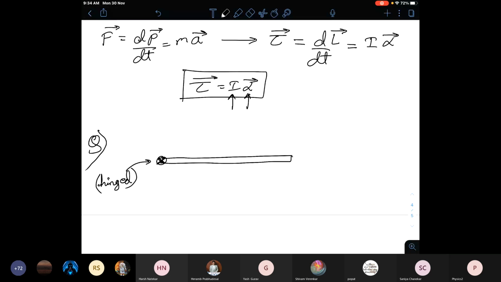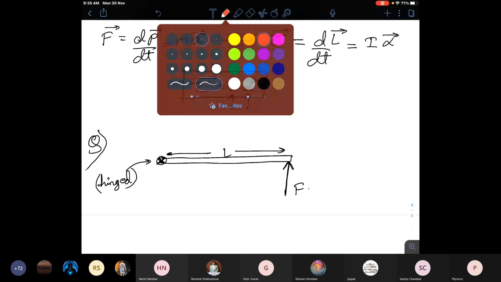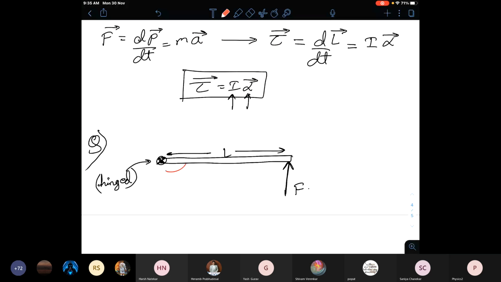It is like you have fixed it with a nail at this end. Now if I apply a force like this on the rod, what will happen? The length of the rod is L. You can understand that the rod will start to rotate like this and show a circular motion in the anti-clockwise direction.